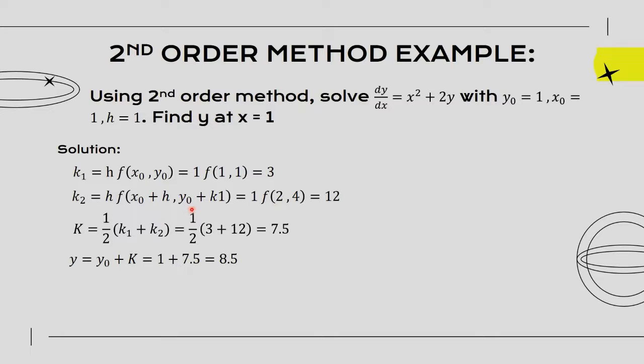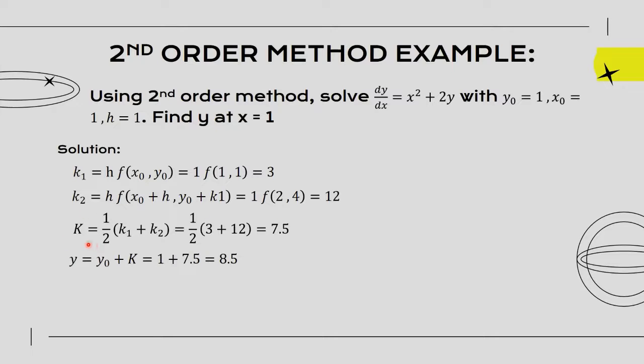Then for y, the value is 1, plus k1, which we got earlier, 3. So 4. Same as before, we substitute into the ODE, which is x squared plus 2y. Then we get the value of k2, which is 12. So we have k1 and k2.